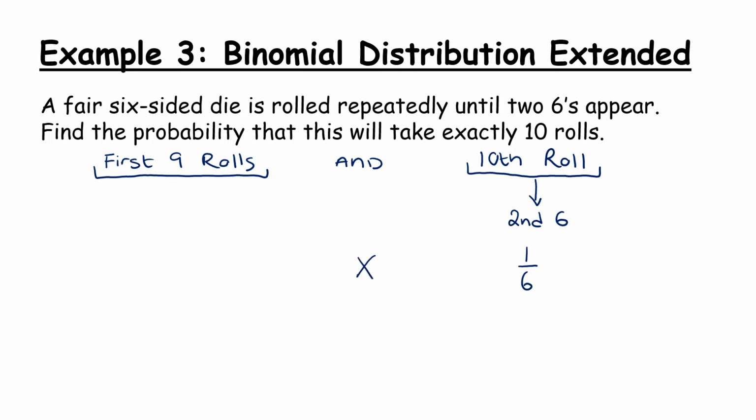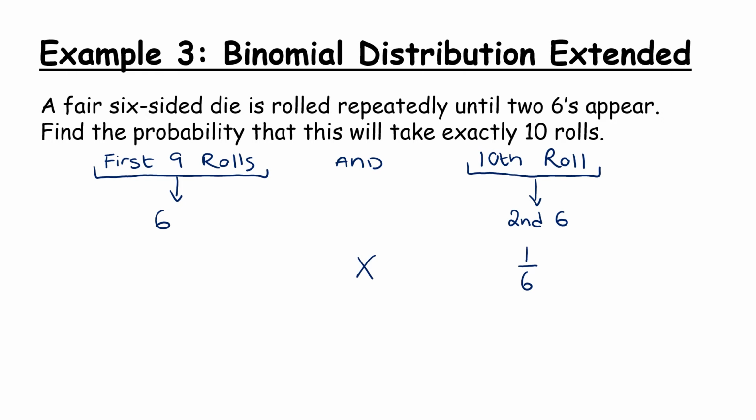Okay, so then if the second 6 happens on the 10th roll, what has happened in the first 9 rolls? Well, we must have had 1 6 at some point. We don't know when, but out of those 9 rolls, one of them had to have been a 6. Now, we don't know when it happens, we don't know the order, therefore it must be that binomial distribution that we use.